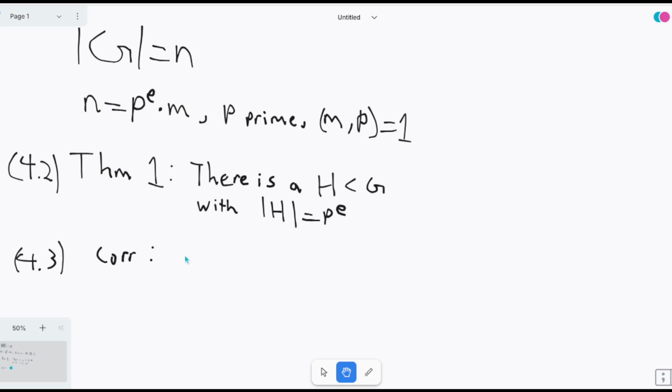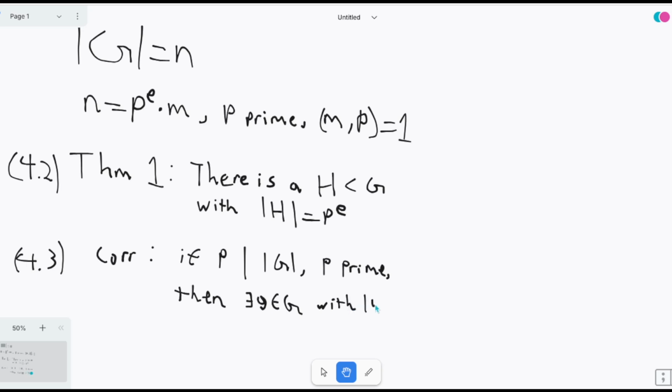So if p divides the order of G, for p prime, then there is an element of the group with order p.